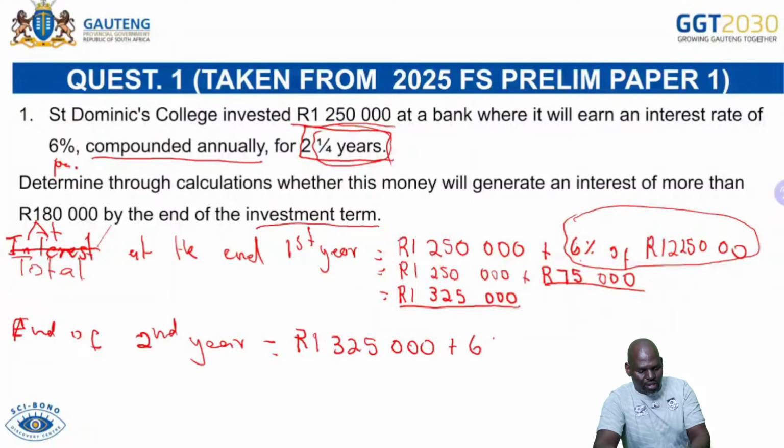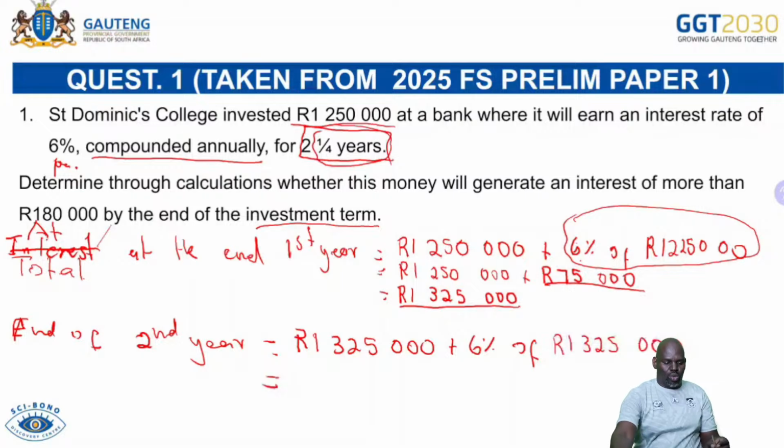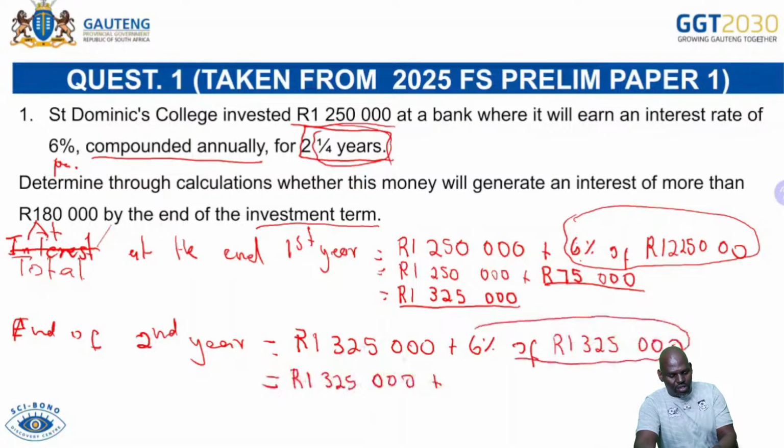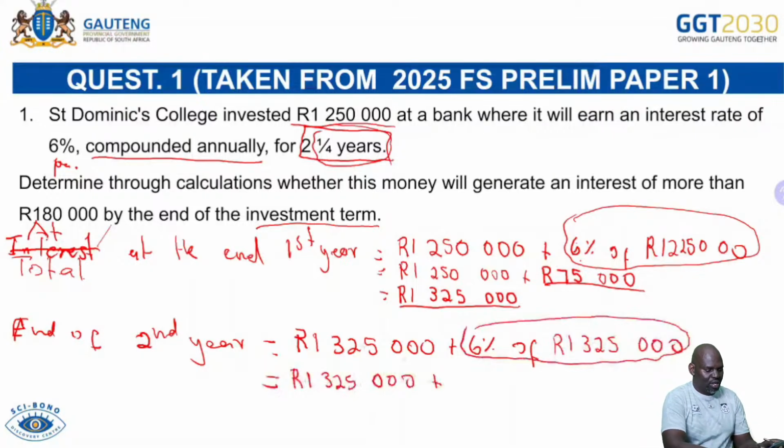So it's 6% of 1,325,000. Then I can do the calculation. I still have 1,325,000 plus. Now I have to calculate 6% of this, 6% of 1,325,000.